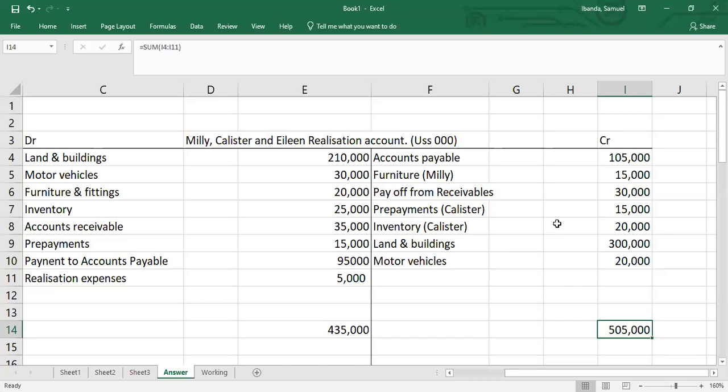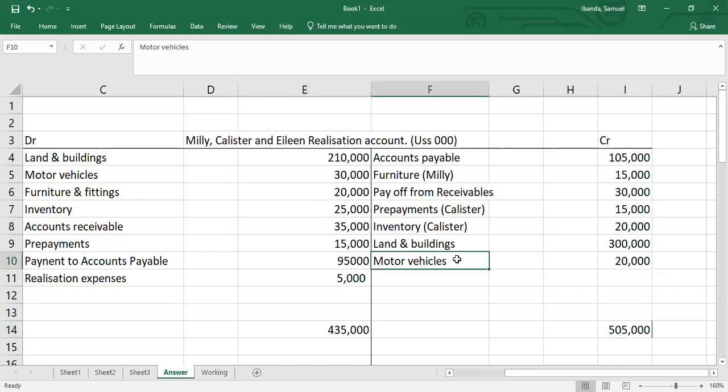So what we are saying, this realization account, as we transfer these assets here, we've added here, we have 435, and then we have 505. In this case, it shows that our credit side is more than our debit side.